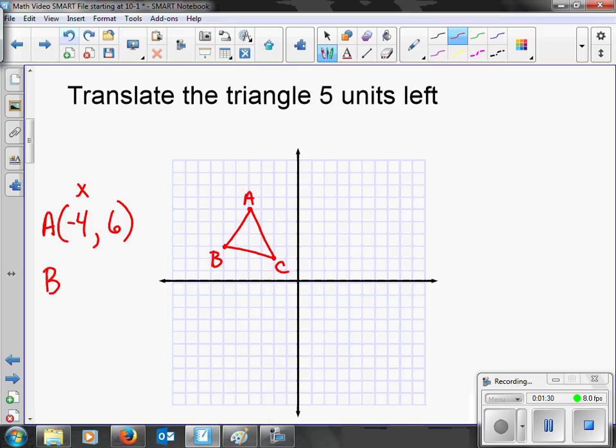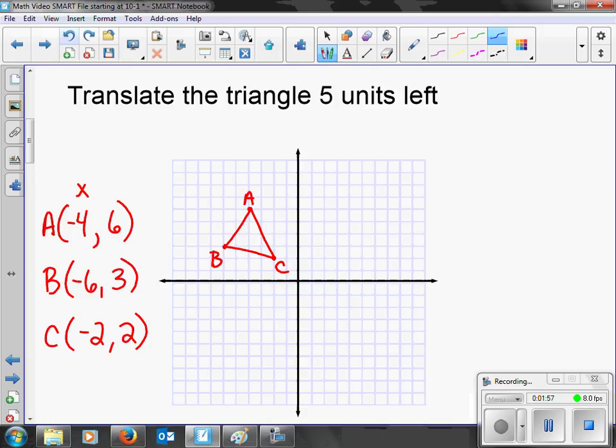And then B is 1, 2, 3, 4, 5, 6 spaces left, -6. And then 1, 2, 3 spaces up. So +3. And then C is 2 spaces left. So that's -2, and then 2 spaces up. So that's +2.